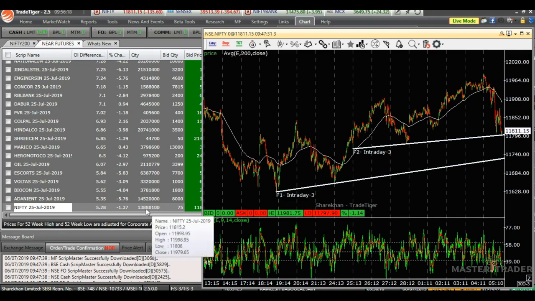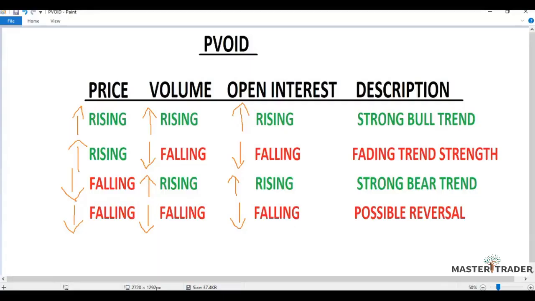Let's say volumes have also gone up. So let's look at our table. We have a rise in open interest, a rise in volume, but a fall in price. So what does that tell me?